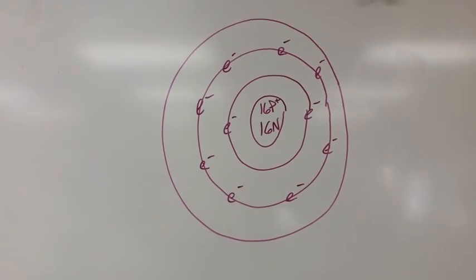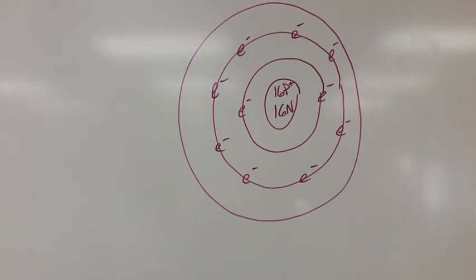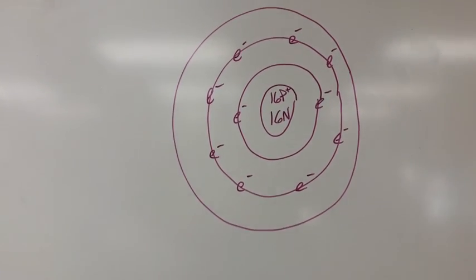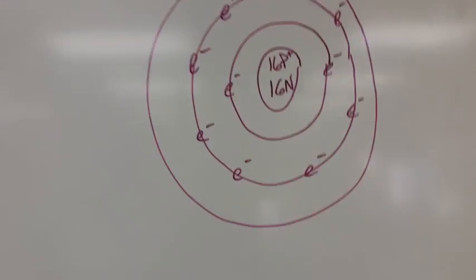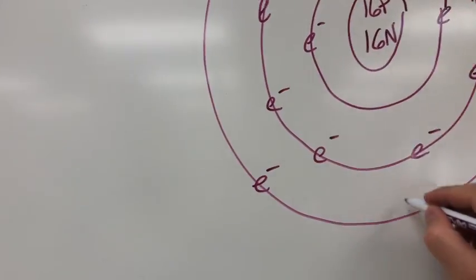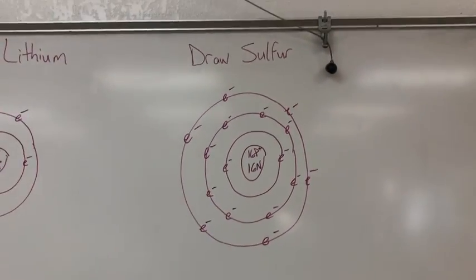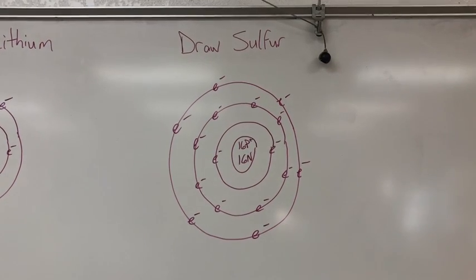Okay, so we've got 8 in that one, 2 in the first one. That means we've got 10 total, and it needs 16, so all we have left is to draw the last 6 on the outside. 1, 2, 3, 4, 5, and 6. And that is how you draw sulfur.